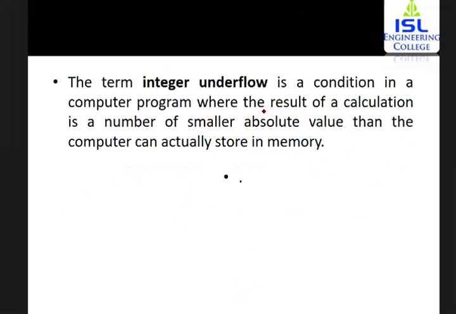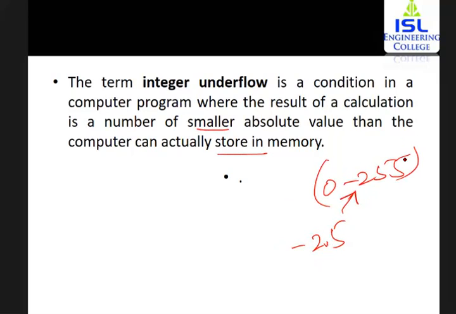This is a condition which arises when you're giving some smaller value than the actual memory can store. Suppose there is a memory location that can hold values from 0 to 255, but you're giving a value that is negative 2.5, or some value like this. This value is not within this particular range, so again this is going to cause an error.